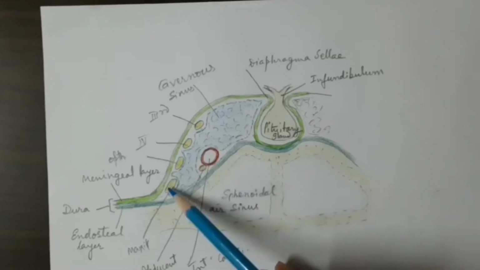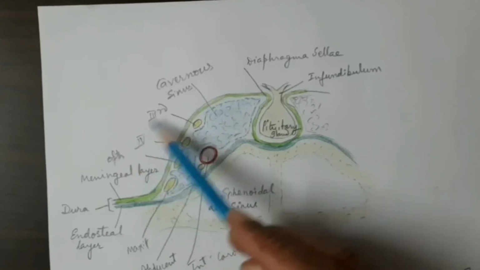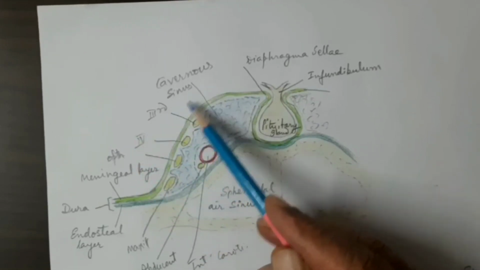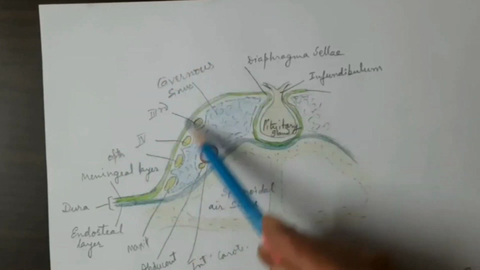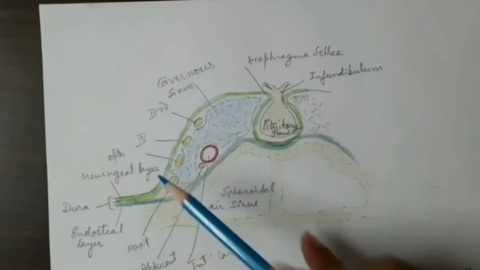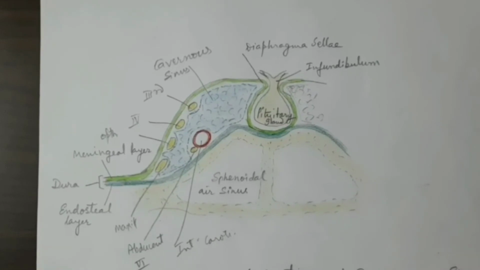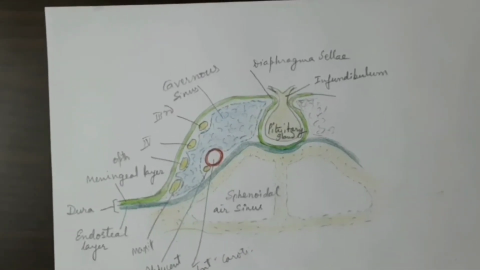Laterally it is in relation to the temporal lobe of the cerebrum, because this is the middle cranial fossa. So these are the various relations of the cavernous sinus with the neighboring structures.